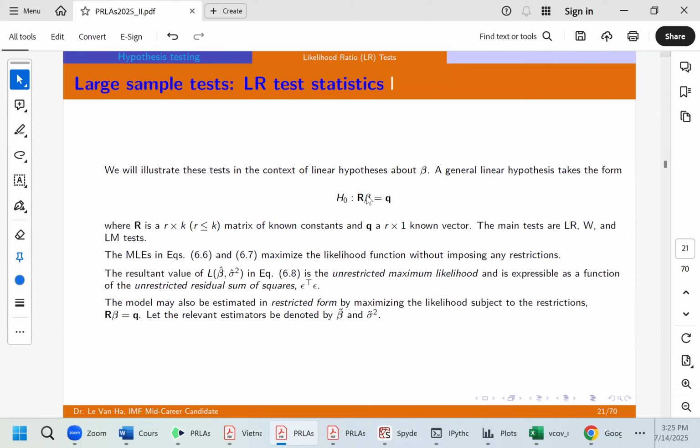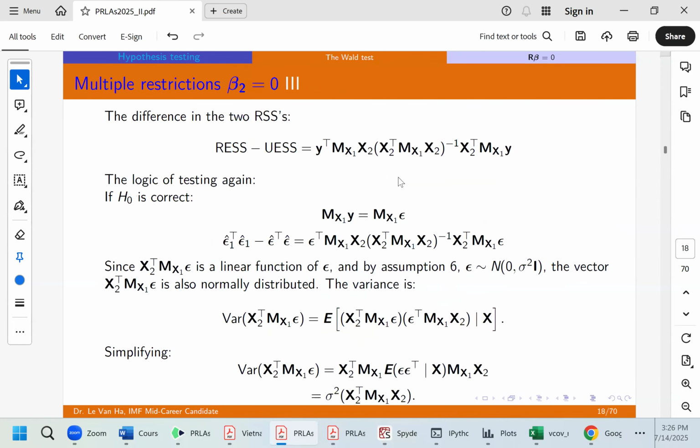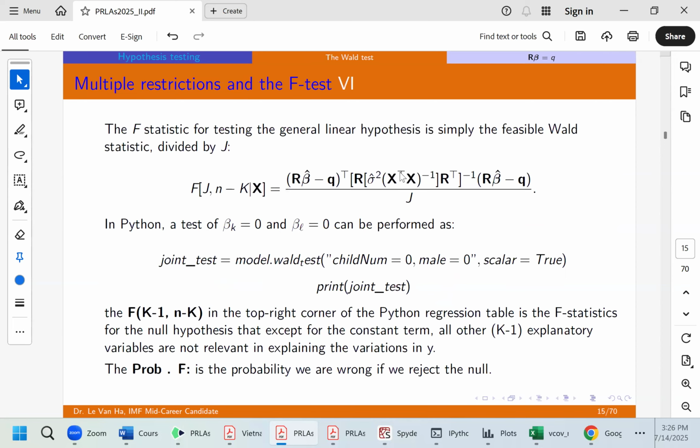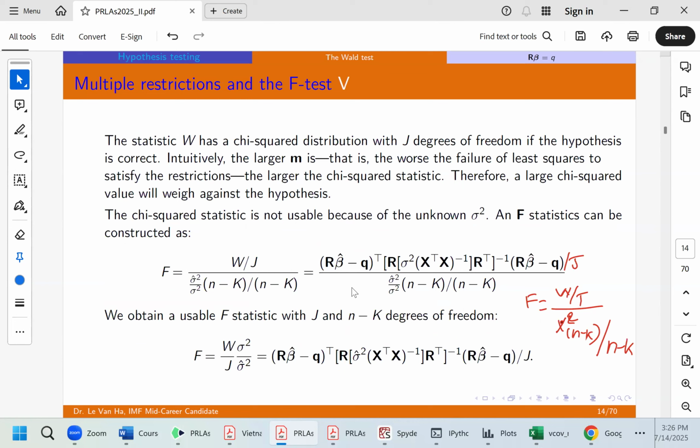Now, ladies and gentlemen, this one is known as the Wald test. So the F test in this way is known as the Wald test.